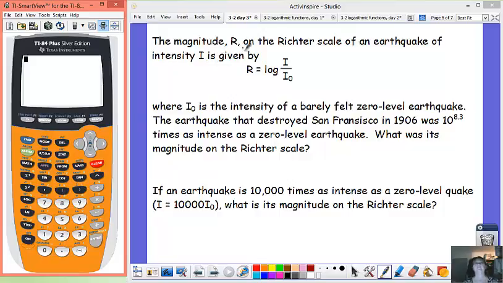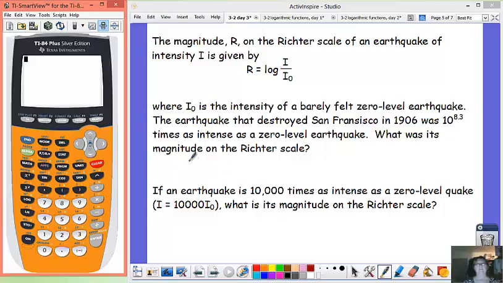It says the magnitude R on the Richter scale of an earthquake of intensity I is given by the log of the intensity of this earthquake over I sub 0, which is the intensity of a barely felt, or zero level, earthquake. The earthquake that destroyed San Francisco in 1906 was 10 to the 8.3 times as intense as a zero level earthquake. What was its magnitude on the Richter scale?